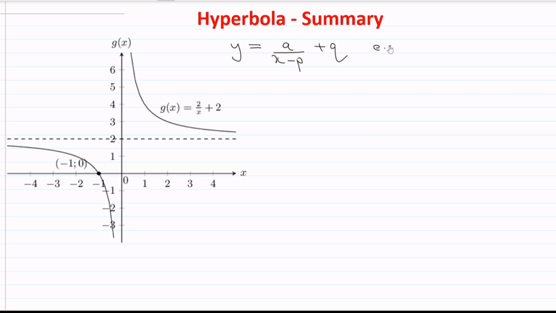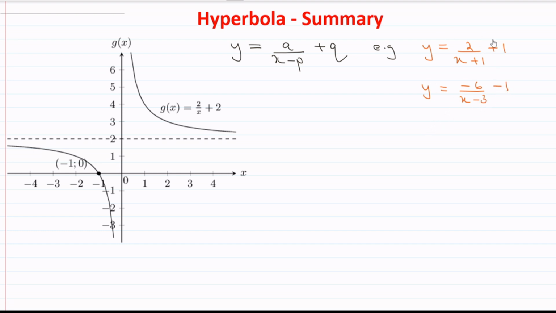For example, I can have a number here like y is equal to 2 over x plus 1 plus 1. I can give one equation like that. Or the other one that I can have is y is equal to negative 6 over x minus 3 minus 1.